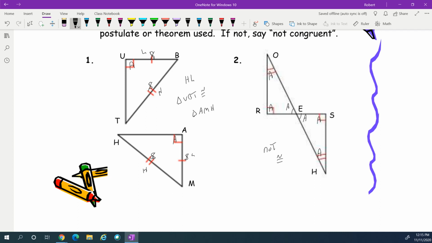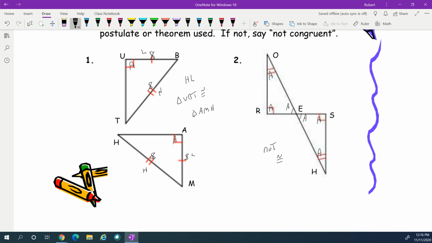Just because it's a right triangle doesn't mean it's HL. It doesn't even mean that they're congruent. We have to think, we have to process what parts we're working with. So here we have 2 right triangles, but they're not congruent. We don't know anything about the size. Remember, the angles control the shape. So these shapes are identical, but the segments control the size.